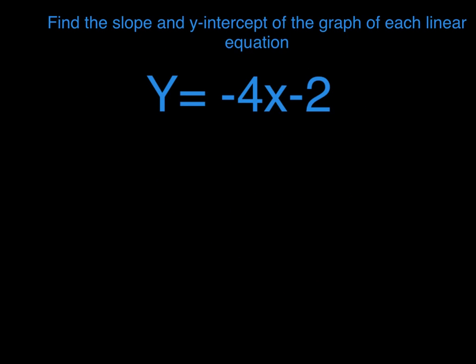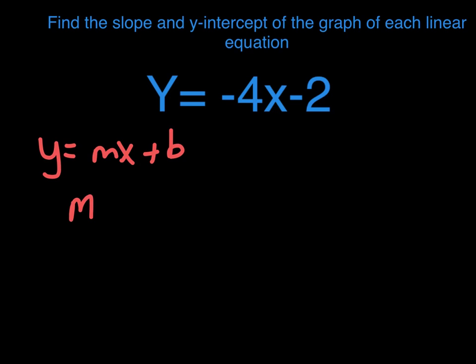Here we are given an equation in y equals mx plus b form, and we are asked to find the slope and the y-intercept. Remember, the slope-intercept form is y equals mx plus b. We have our y, we have the equals, and then we have a -4.